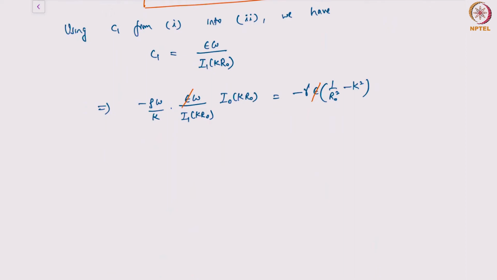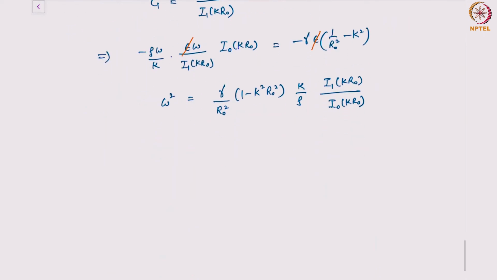and hence now I can put everything together and simplify to get omega square. So you have omega on the left hand side and omega square on the left hand side. If I write it as omega square, it will be gamma by r0 square into 1 minus k square r0 square times k by rho, times I1 of k r naught divided by I0 of k r naught.